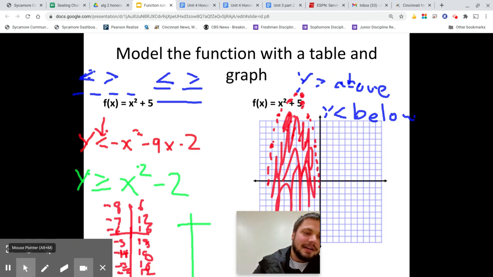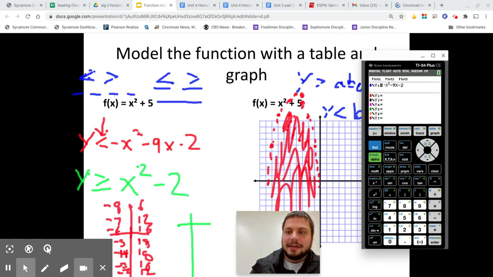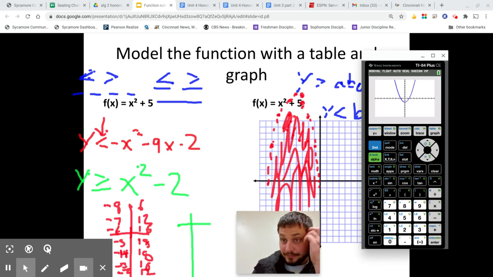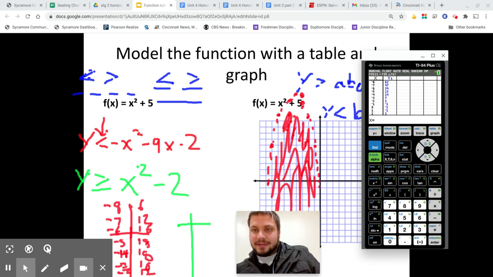Now, let's go back to my calculator and go to my y equals button, and clear that out. Now let's type in the green equation, which is just x squared minus 2. We can take a look at that graph first if you'd like. We'll go to the table to get some accurate points to put in my graph. I can already see the symmetry wrapping around 0, -2.